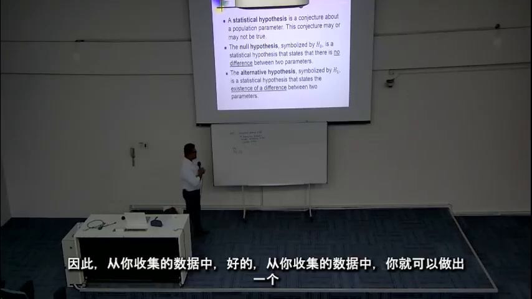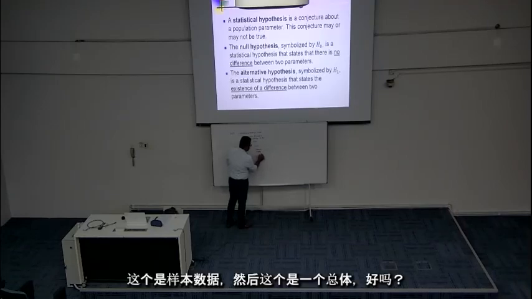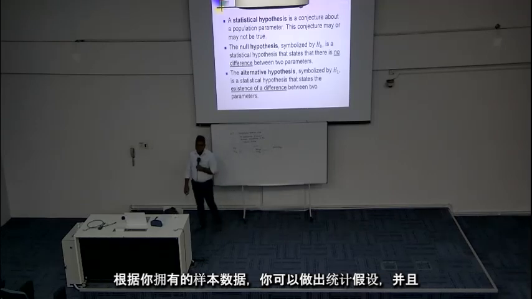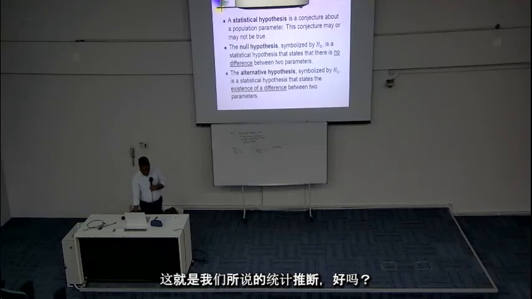From the data that you collect, you make a generalization about the population. This one is the sample data, and this one is the population. From the sample data that you have, you can make a statistical hypothesis and then make a conclusion about the population. This is what we call statistical inference.